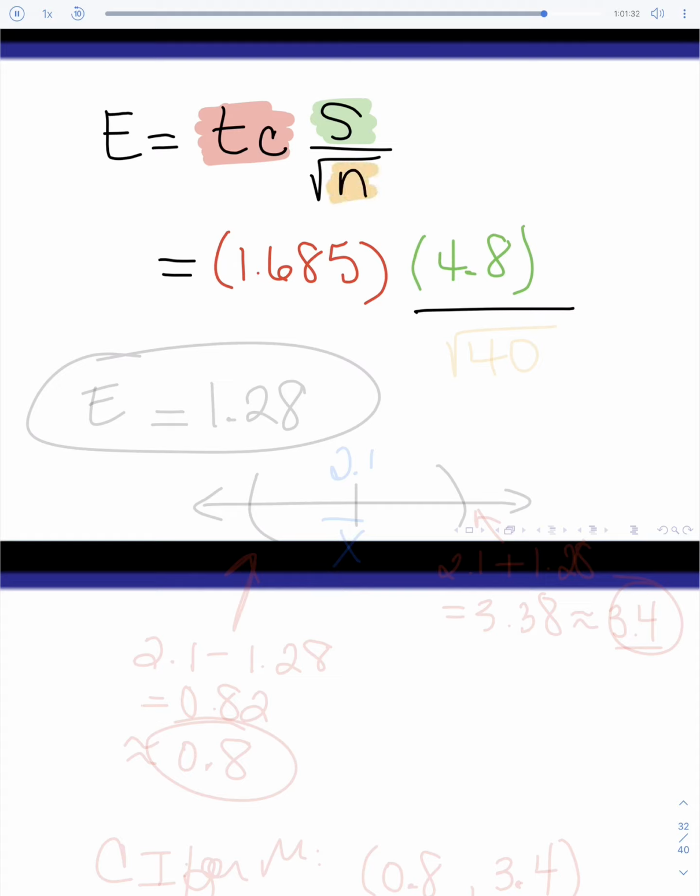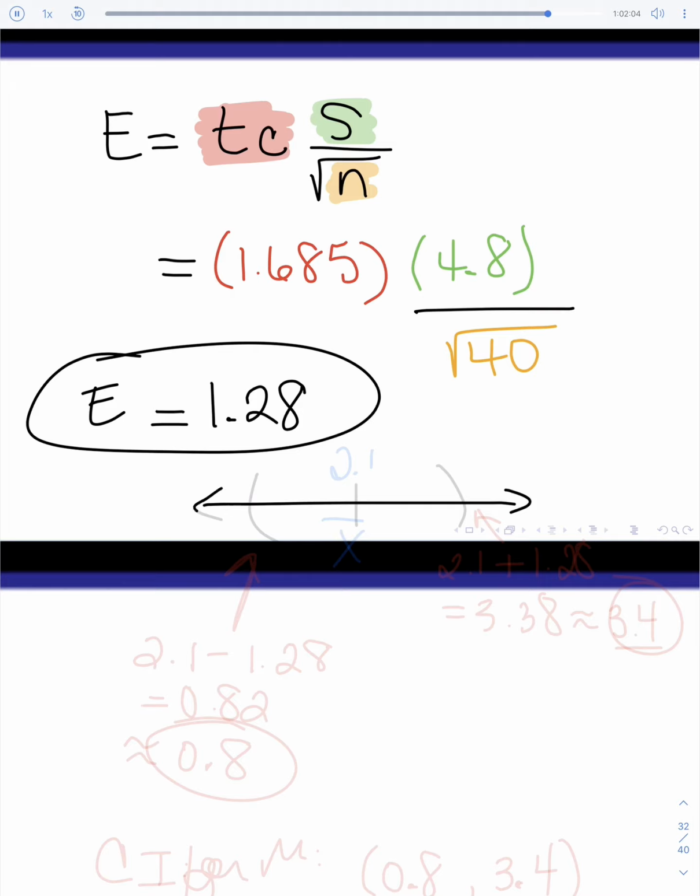So that would be the square root of 40 on the bottom. And then we would go ahead and figure out what 1.685 times 4.8 divided by the square root of 40 is using our calculator. And what we'd get is roughly 1.28. And that is your margin of error that you would then use to come up with your confidence interval.